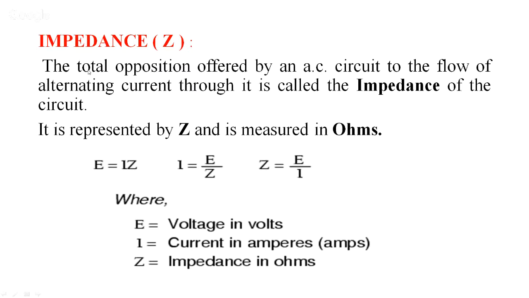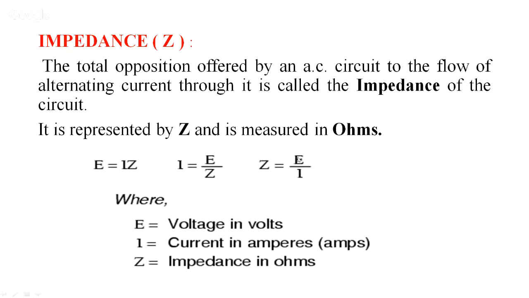So we have to learn the definition of impedance. Impedance is the total opposition offered by an AC circuit to the flow of alternating current through it. It is represented by Z and is measured in ohms.